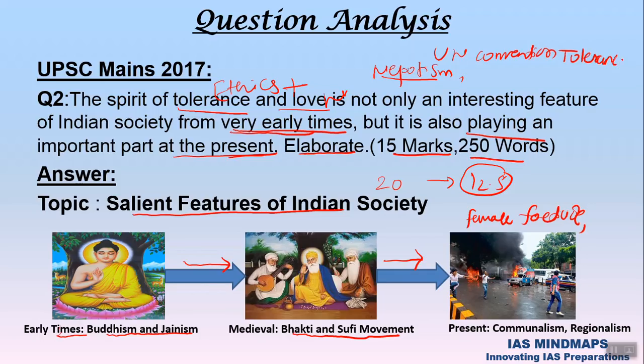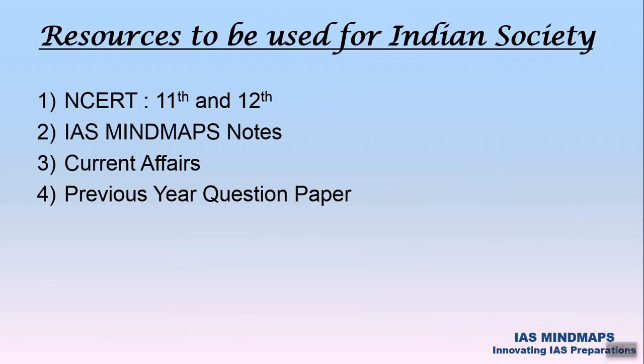India is a signatory to this, and they have given various steps on how to spread tolerance in a society. And Indian society is one of the guiding lights for global leaders to show how tolerant we have been from ancient times.